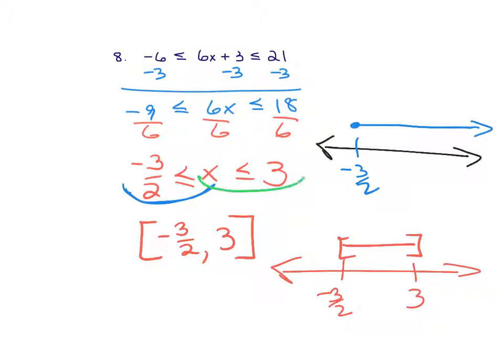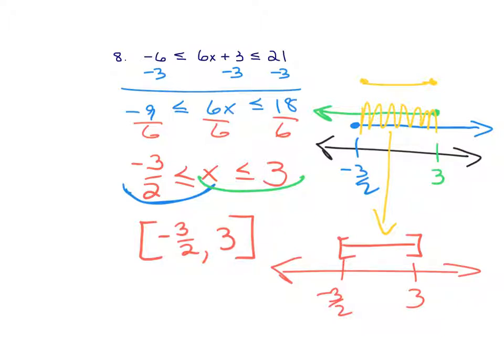Then this one, x is less than or equal to 3, closed circle going this way. In the compound answers, it's where you see both the green and the blue lines. So it's the overlap. That's why your answer here is just a segment. Even back in Algebra 1, it would have been closed circles with a segment joining them in between.